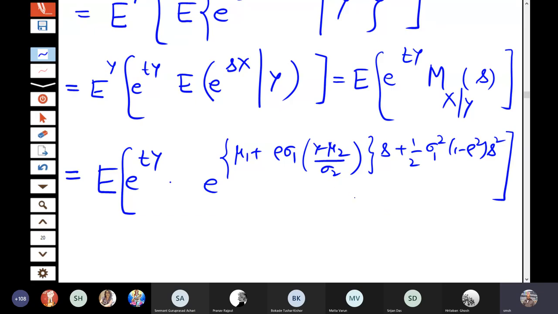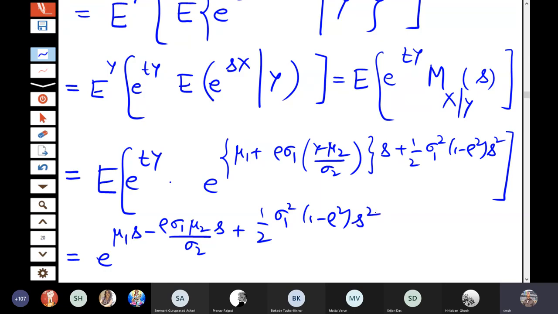So we will have to do some simplifications here. Let us take out all the terms which are of constant nature. So e to the power mu1 s minus rho sigma 1 mu2 by sigma 2 s plus half sigma 1 square 1 minus rho square s square, and then you are left with expectation of e to the power t plus rho sigma 1 by sigma 2 s into y.